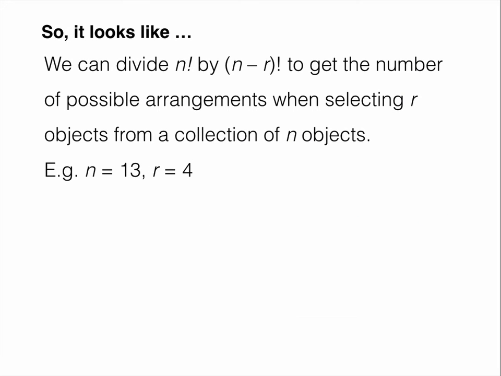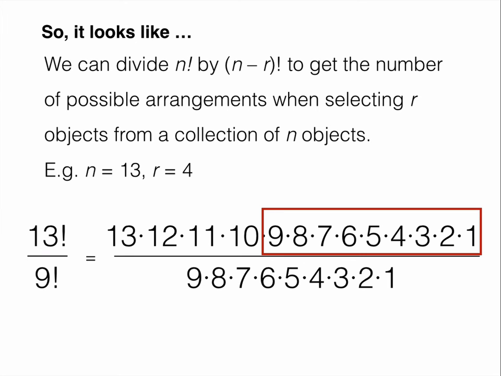So it looks like we can divide n factorial by the factorial of n minus r to get the number of possible arrangements. So in this example, 13 factorial divided by 9 factorial, it's all written out for you there.